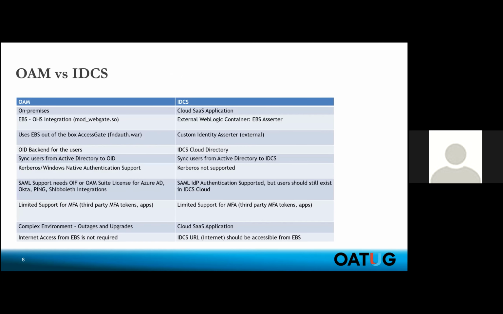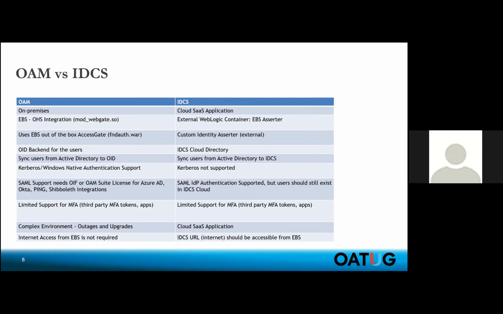So let's quickly review these options and understand how they work and what the differences are in terms of technology or functionality. First and foremost is OAM versus IDCS. OAM comes from Oracle Access Manager, the Access Management product, and IDCS is the cloud SaaS application.